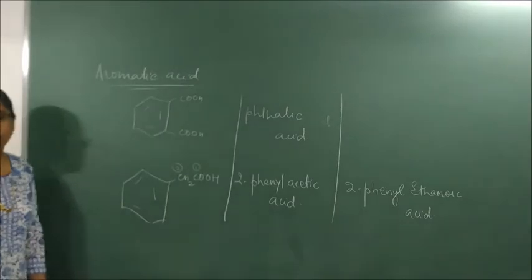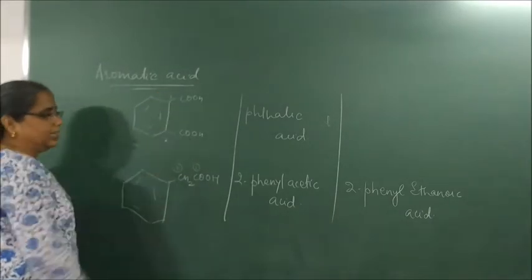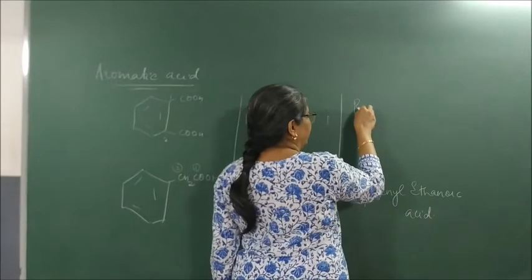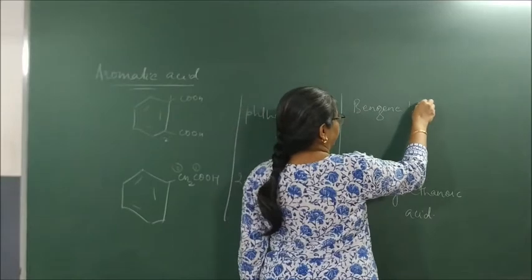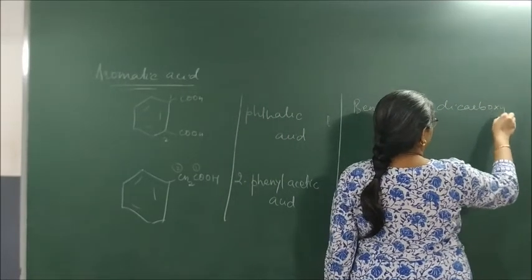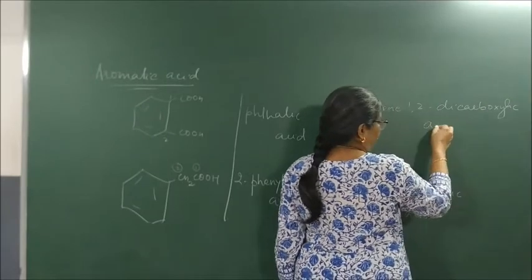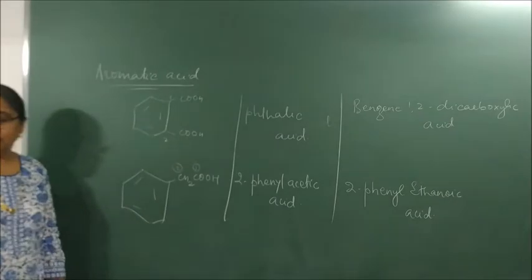Phthalic acid. Or its IUPAC name, as this is our first and the second carbon atom, it is called as what? Benzene 1,2 dicarboxylic acid. Okay?